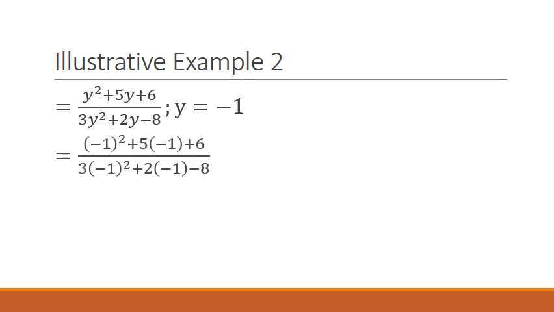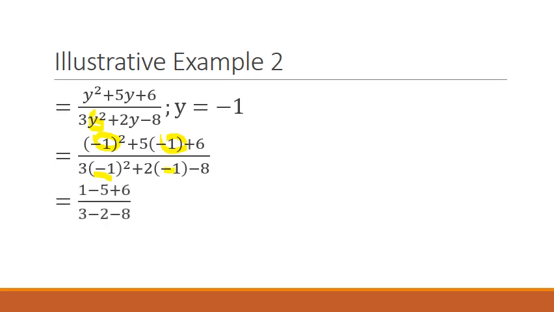By doing so, we can have negative 1 squared plus 5 multiplied by negative 1 plus 6. See, we have just substituted every y in the numerator with negative 1 here. Another one, we have 3y squared plus 2y minus 8. We have just substituted y here. Negative 1, 3 multiplied by negative 1 squared plus 2 multiplied by negative 1 and then minus 8.